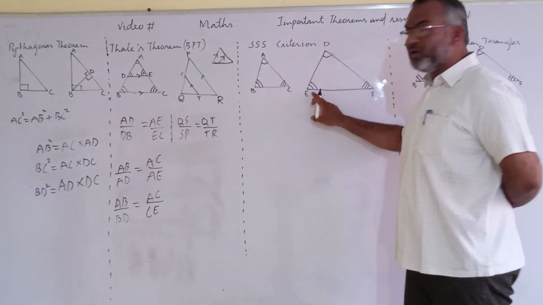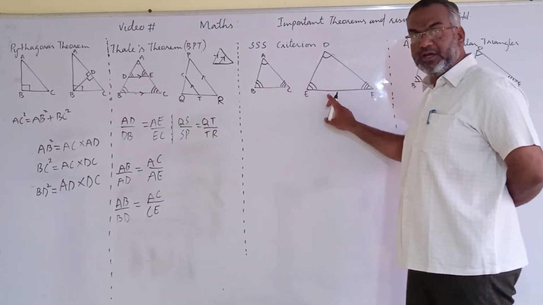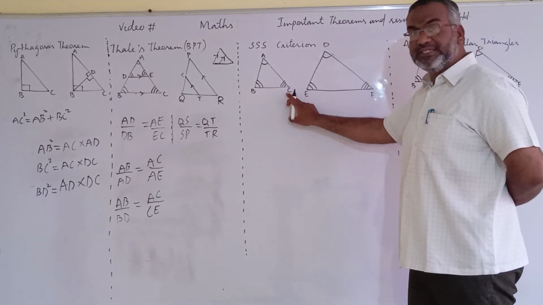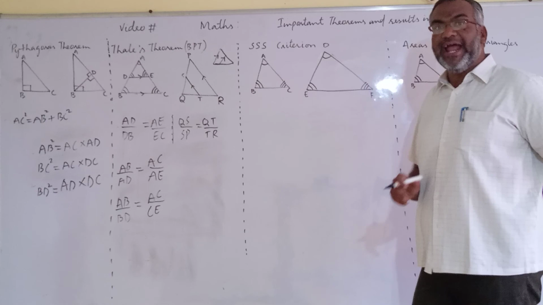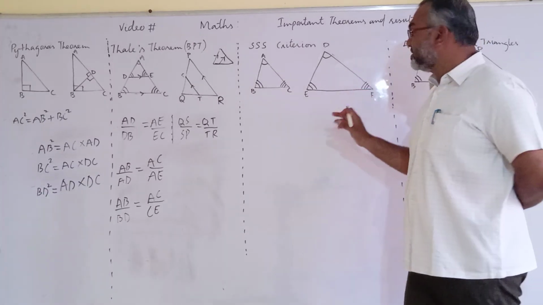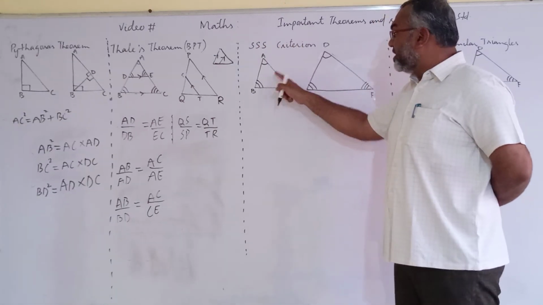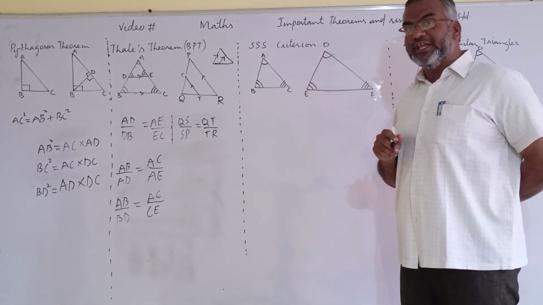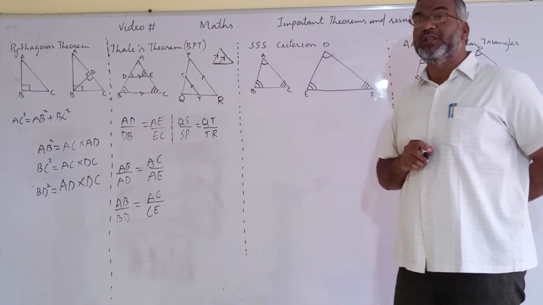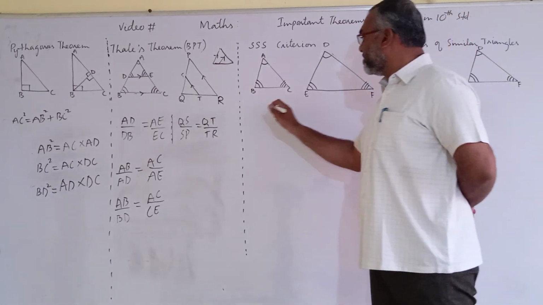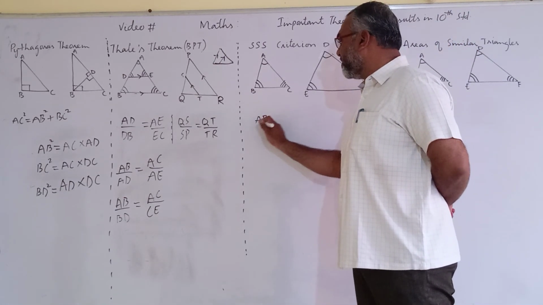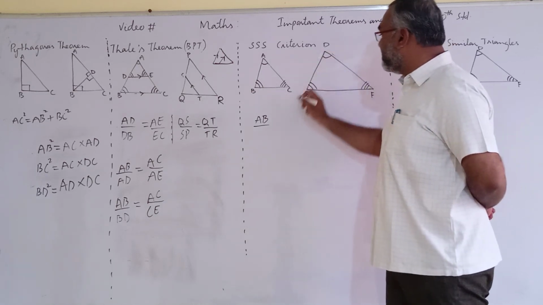Angle B is equal to angle E, so B is corresponding to E. Angle C is equal to angle F, so C and F are corresponding angles. Then their corresponding sides will be in proportion. That means AB divided by DE.